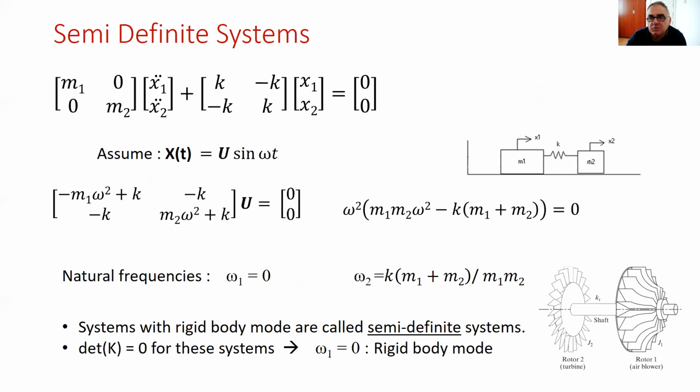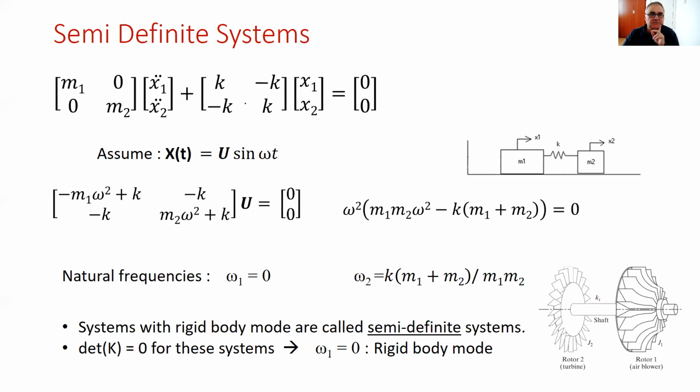For example, let's consider these two masses, M1 and M2, connected by a spring, something like a locomotive and a wagon pulled by it. And this thing is free to move in one direction. That is, it can go along in this direction. It also has vibrations, but it can act like a single mass.